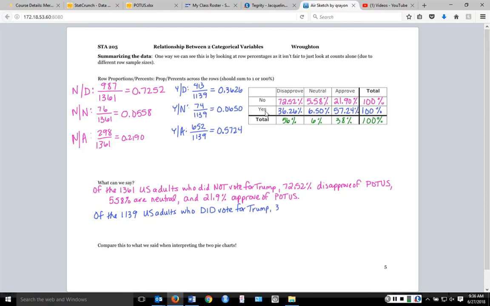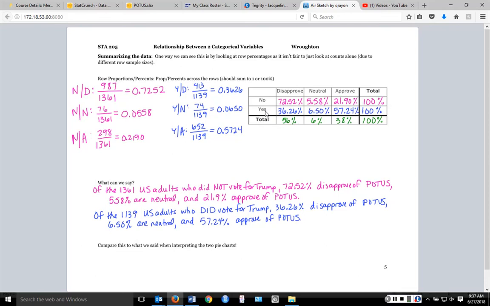Here we found that 36.26% disapprove of the president, 6.5% are neutral, and the rest, which was 57.24%, approve of the president. So those are our interpretations here.